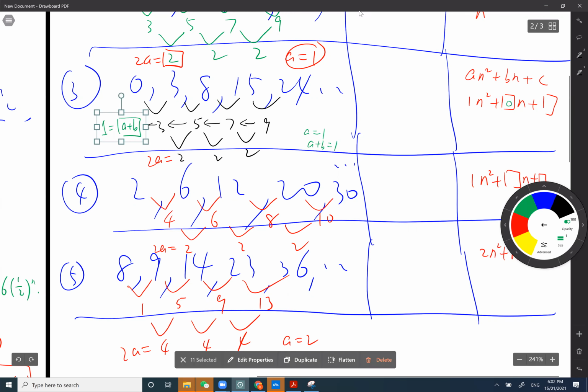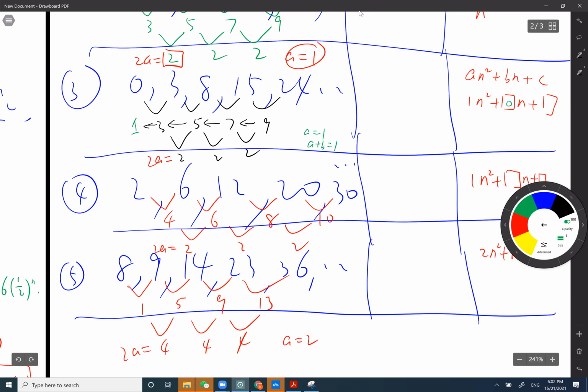The previous term is c. What's the previous one here? Good, -1. So c is -1. So the formula is n squared minus 1.